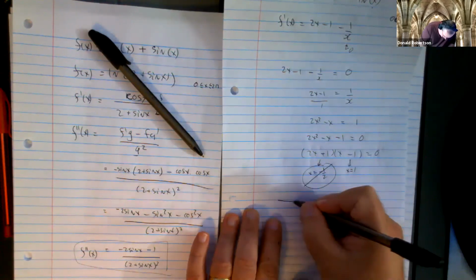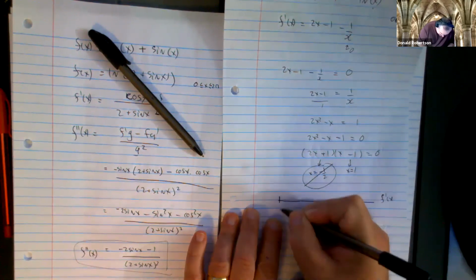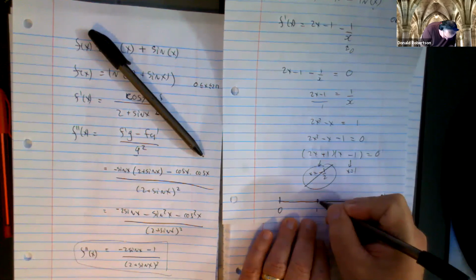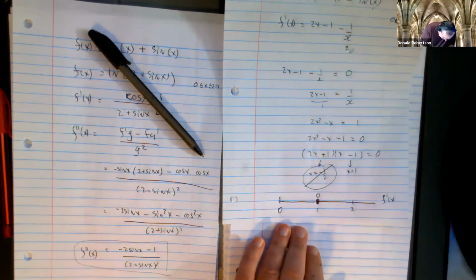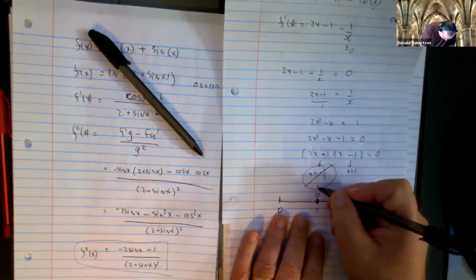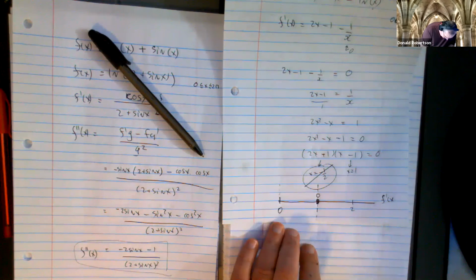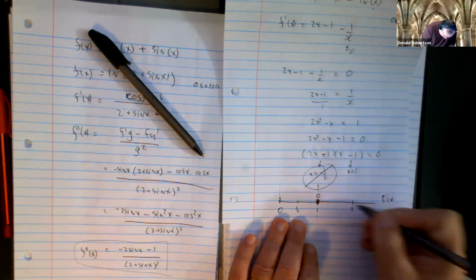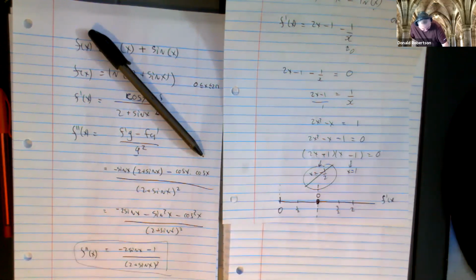And so when you're building your first derivative, you're going to start at 0. You're going to have a guy at 1, and only one critical number. So pick a point like a half and pick another point like 2, or if you want to, 1.5.